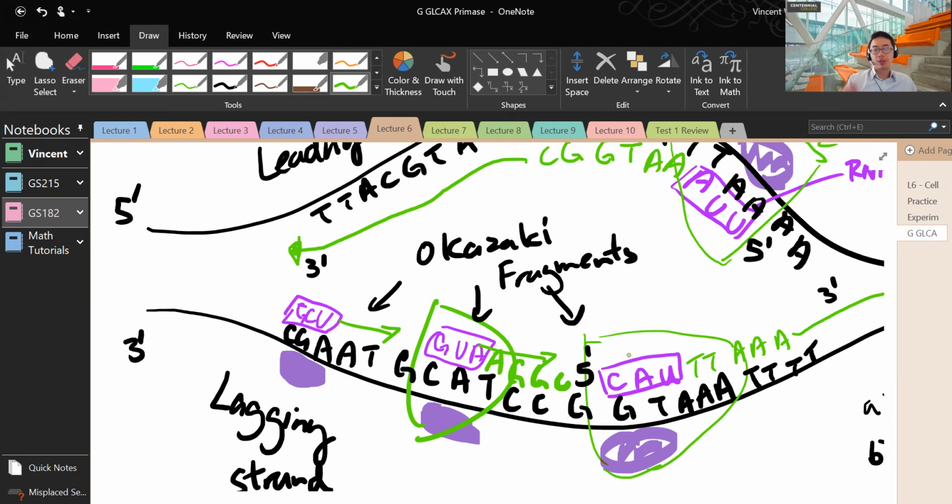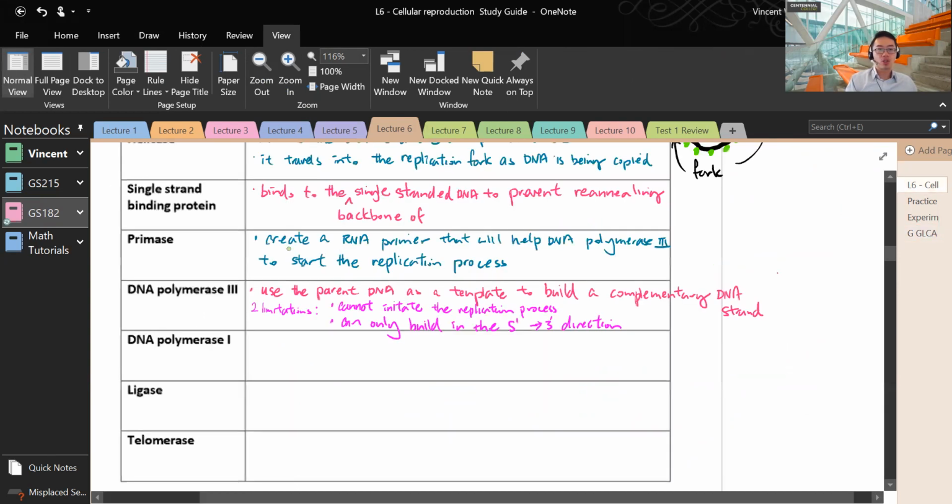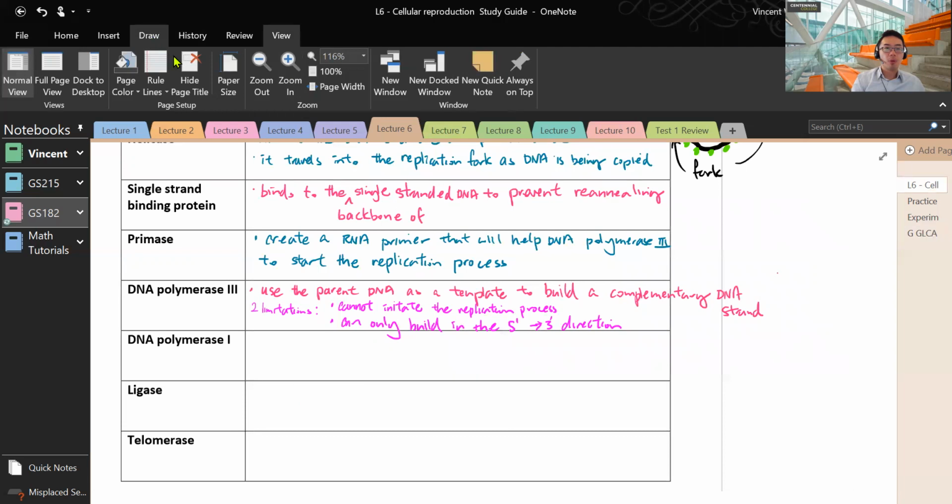And then another polymerase will come to finish the job. So that is the DNA polymerase 1. Okay, the function of DNA polymerase 1 is to chop off these primers because we cannot have a uracil in the DNA, so it's going to replace the primer with actual DNA nucleotides. Okay, so the C is fine, it just stays as a C, the A will stay as an A, and then it will replace the U with a T. Okay, so that is the job of the DNA polymerase 1.